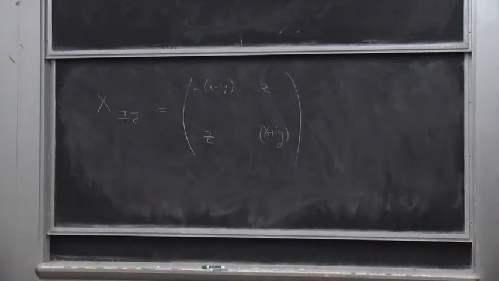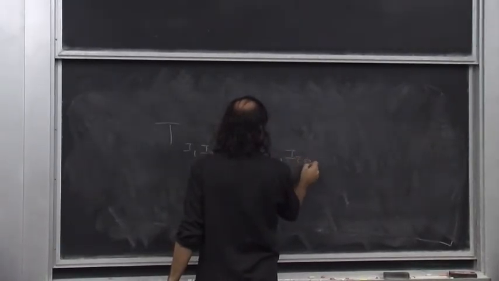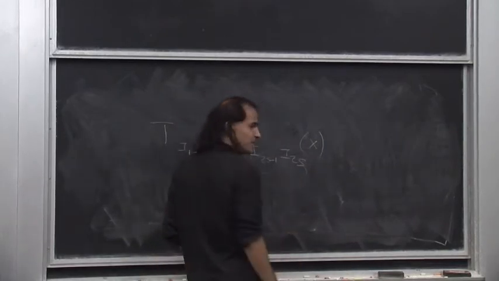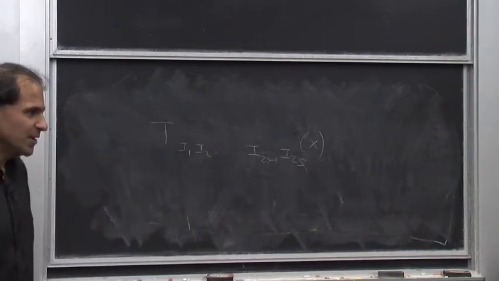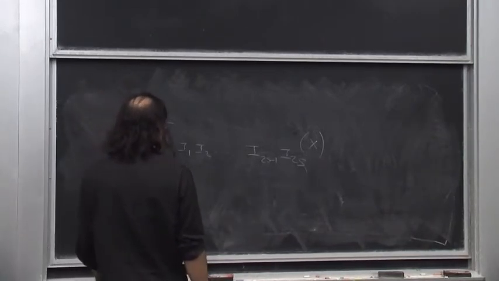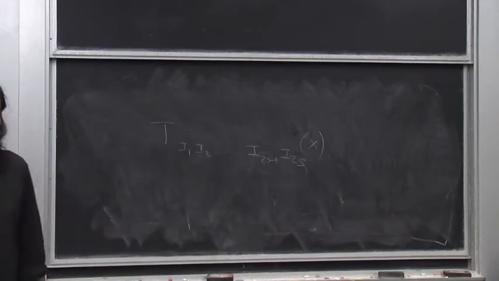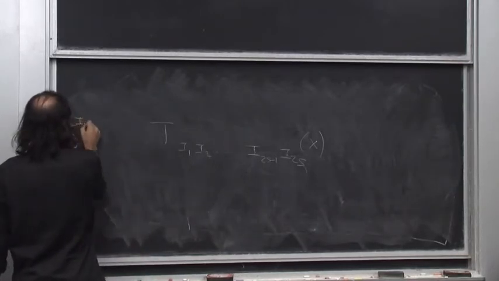Now, remember, what is the purpose in life? I'm trying to find some tensor that's made out of the x's. So let's say in spin s, there's some tensor T i1, i2, up to i2s minus 1, i2s. I'm trying to find some tensor made out of the x's that's totally symmetric. That's it, because now there's no issue of making them traceless anymore. Because it's totally symmetric, in order to tell you what this tensor is, it suffices to just dot it with a generic vector.